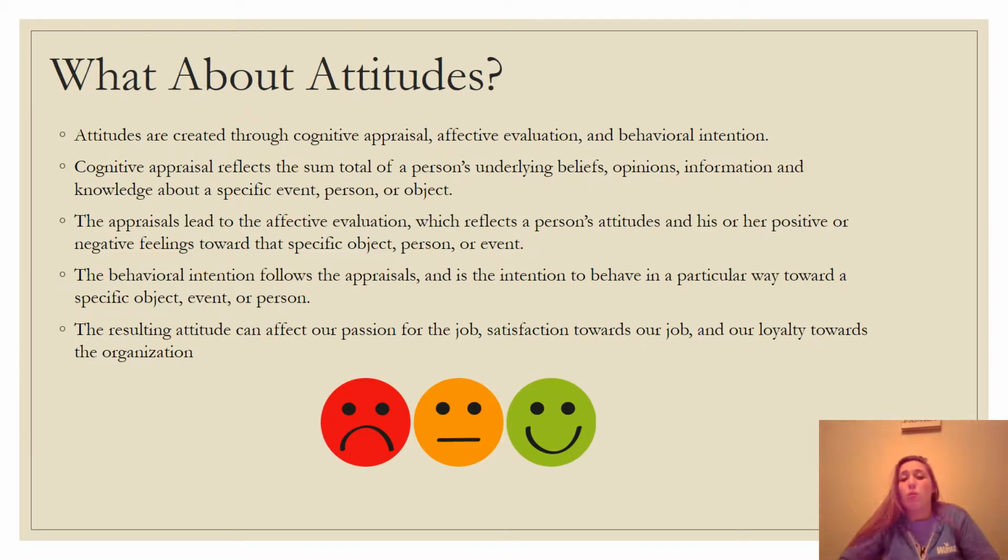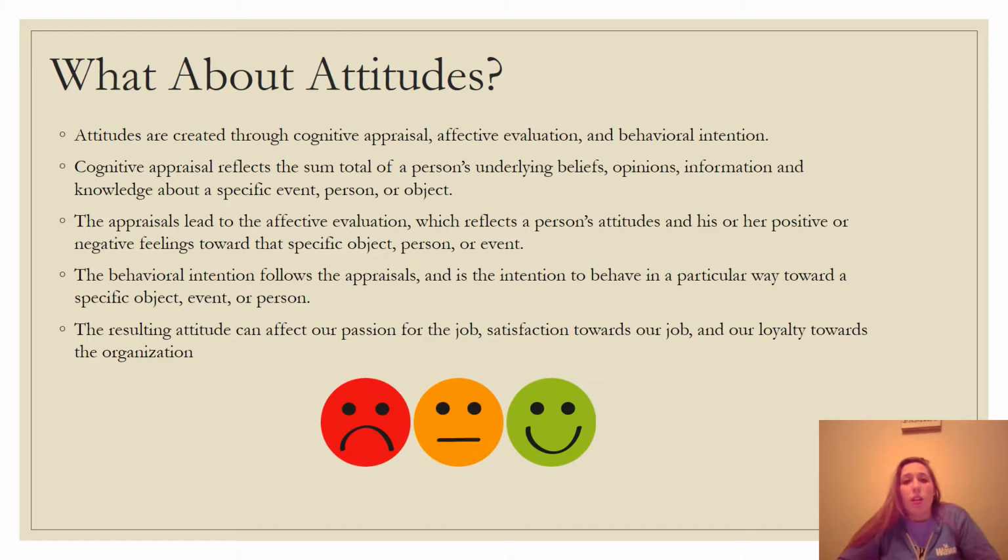So with those 2 steps, you've combined your beliefs and your opinions and the information and knowledge you have about a person towards the feelings you generate about that person. And from these 2 steps comes the behavioral intention, which is the intention to behave in a particular way towards a specific object, event, or person.